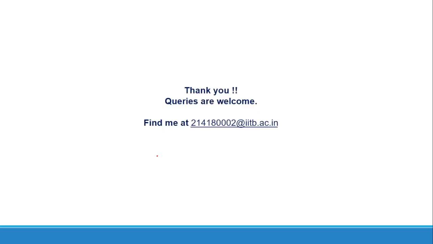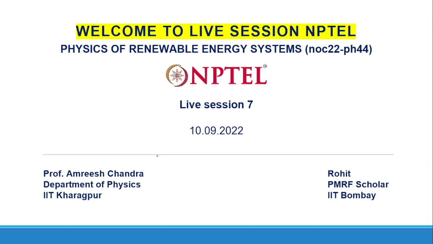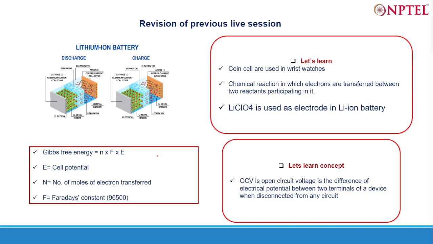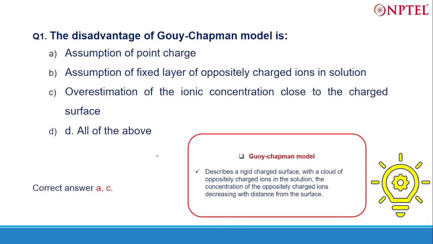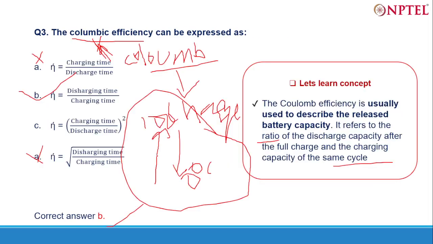So that's how today's session has ended. We discussed the previous sessions: the lithium battery concepts, open circuit voltage, and free energy. We discussed the Chapman model and saw what its disadvantages are. Then we discussed the cyclic voltammetry curve, and for ADLC we showed that it is a rectangle.